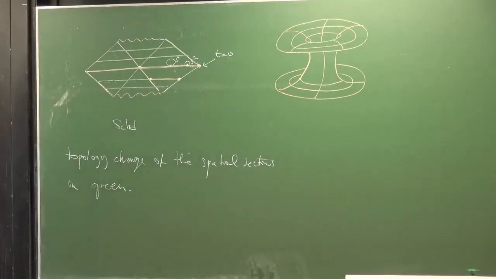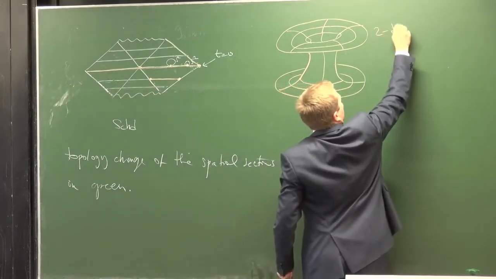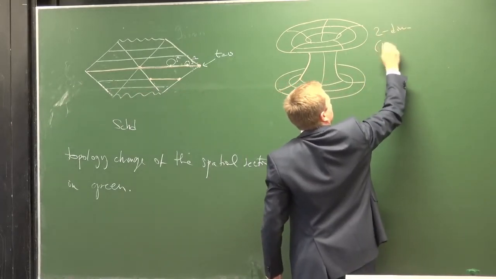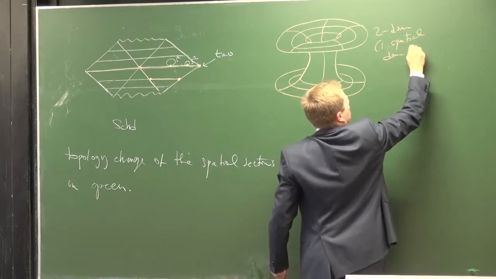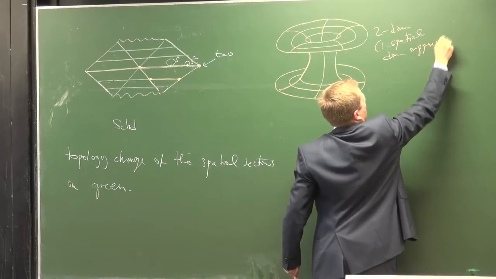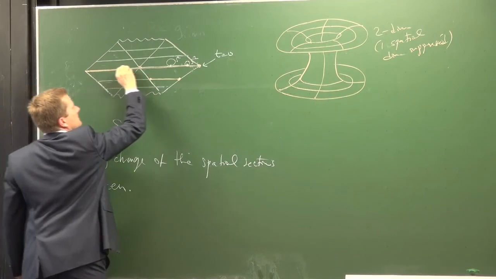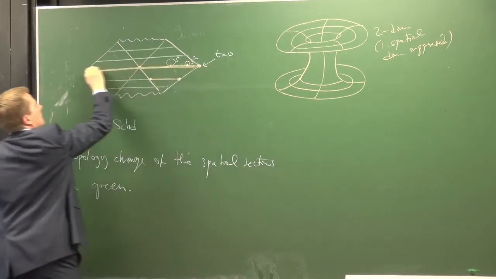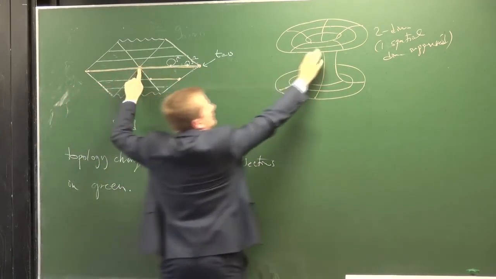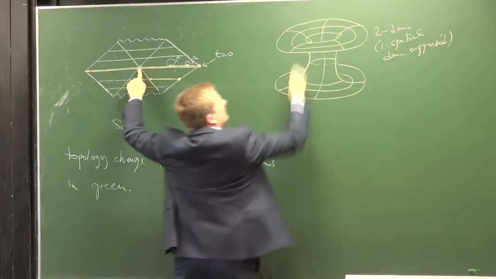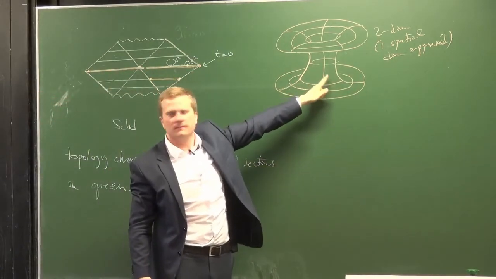It looks like a throat. I suppressed one spatial dimension, so this is a two-dimensional spatial section, and in this picture it's just this here. So this one here corresponds to this upper half, and this one here corresponds to the lower half.